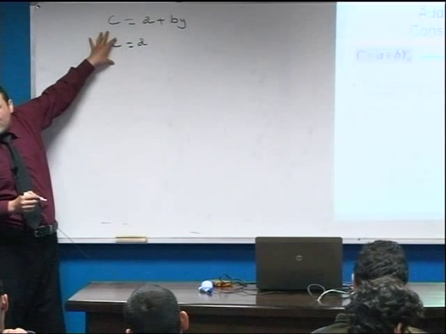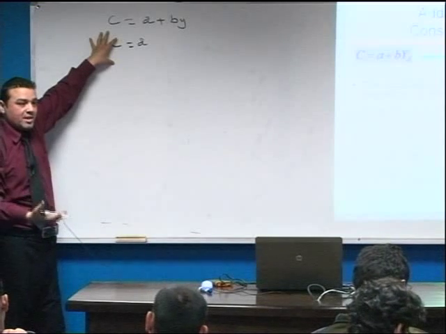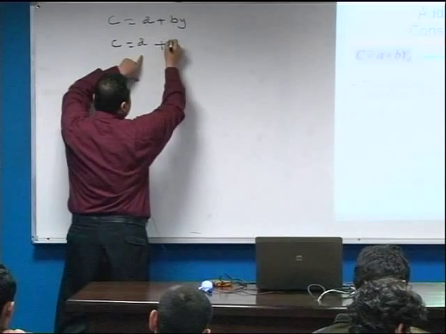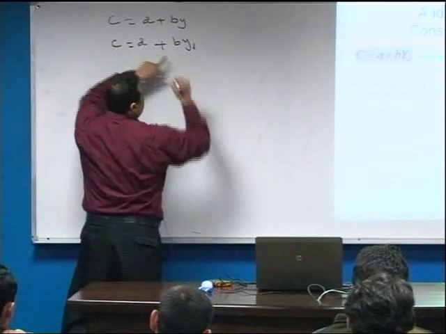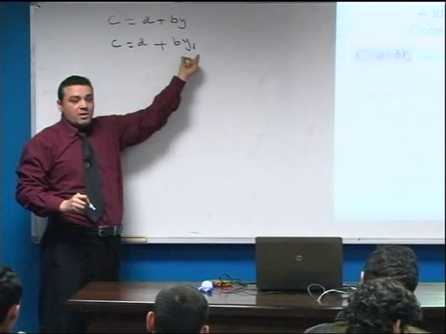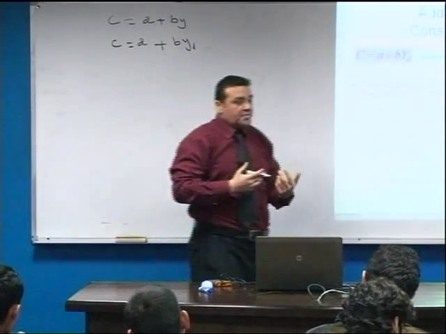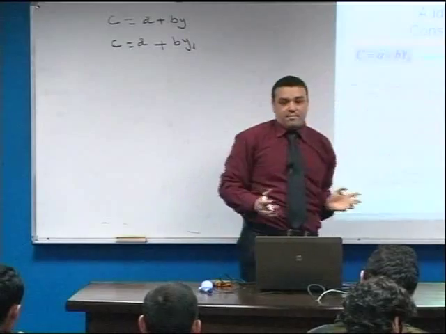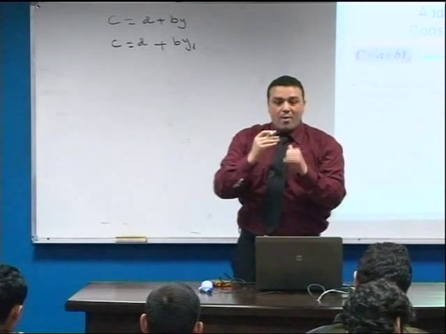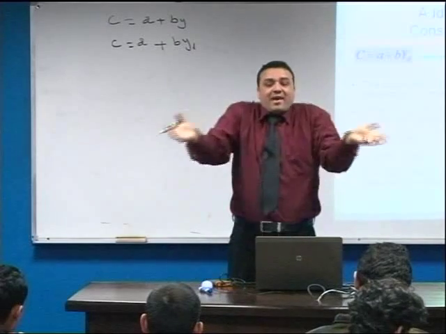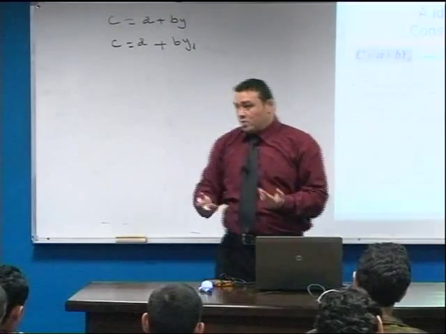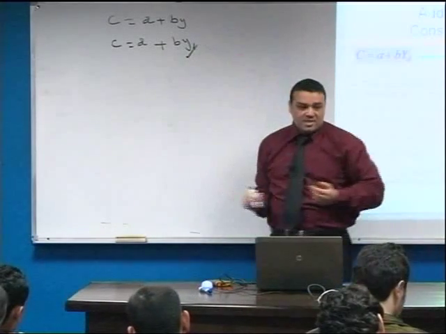But if we work under a closed economy with a government, C must equal A plus BYD, because the consumption here depends on the disposable income, not the income. Our consumption depends on the available income that we can use, which is the disposable income in this case.